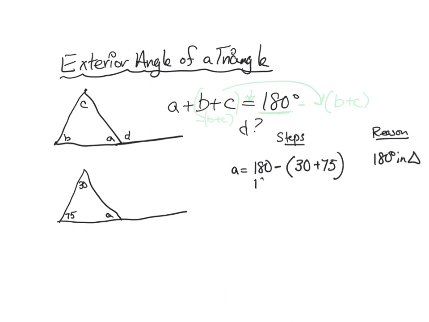So we have 180 minus 105, and this is 75 degrees. Okay, so A then equals 75 degrees.